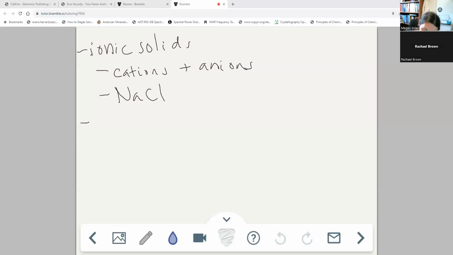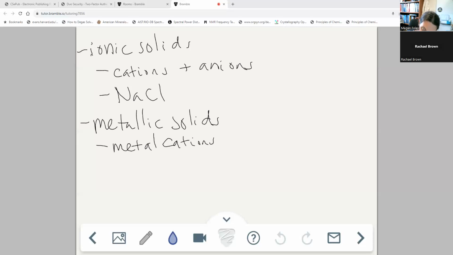We also have metallic solids. In here we have metal cations in an electron sea.